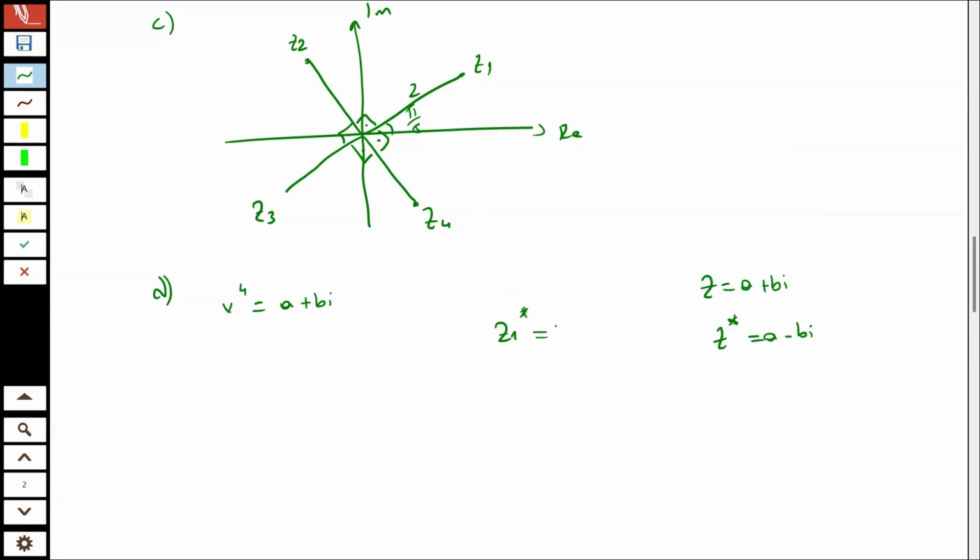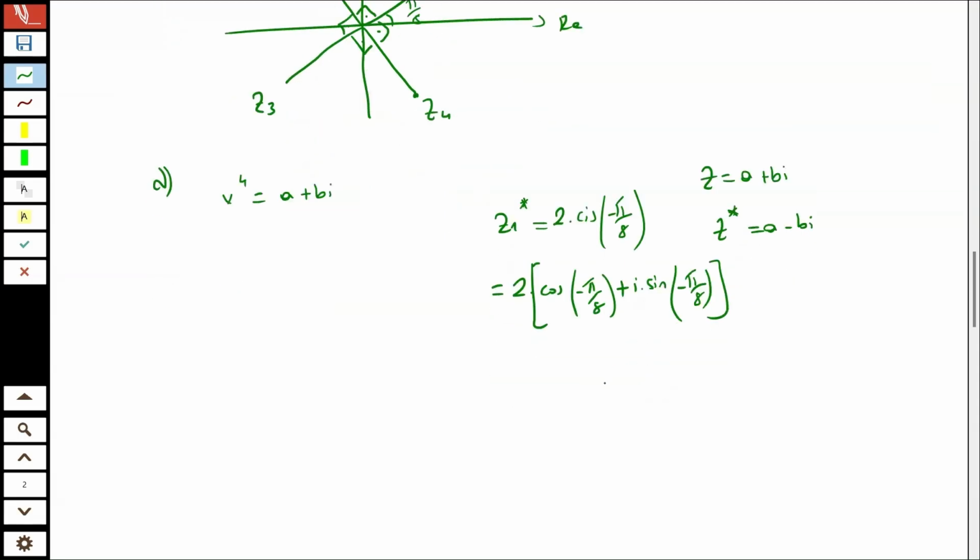You can also say 2 cis minus pi over 8, because this is also 2 times cosine of minus pi over 8 plus i times sine of minus pi over 8. I know that cosine will be the same with the negative sign.